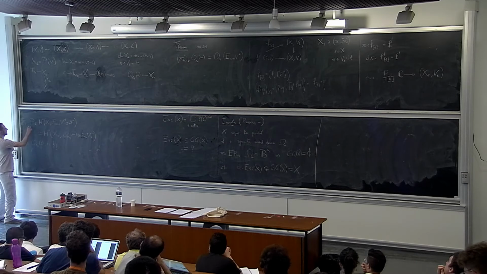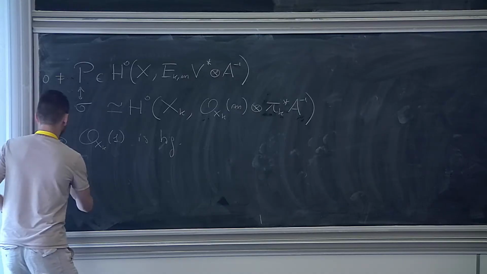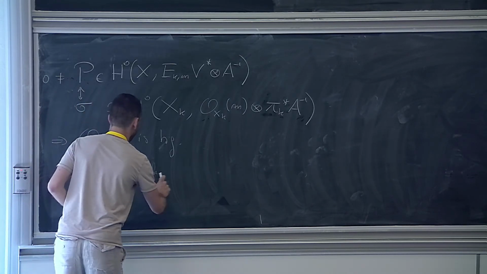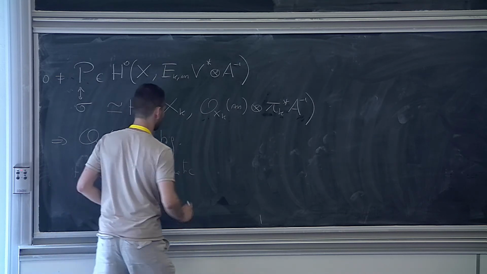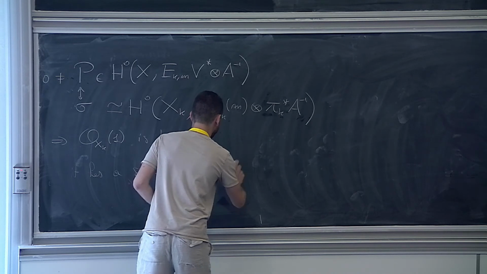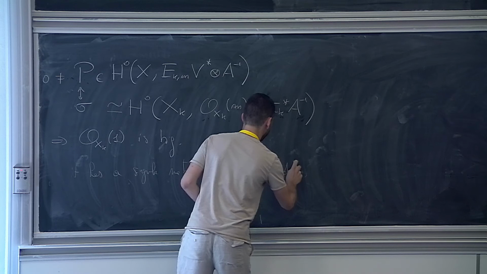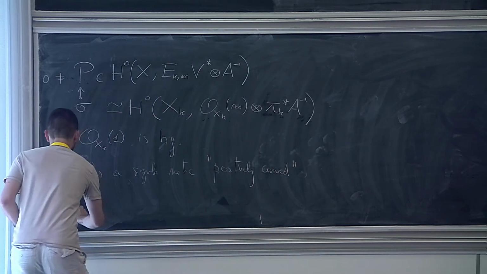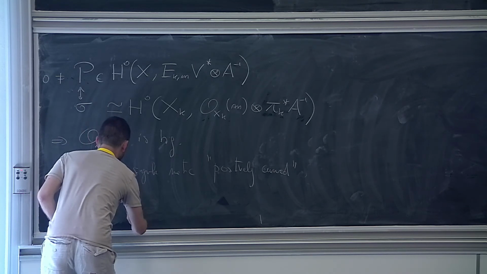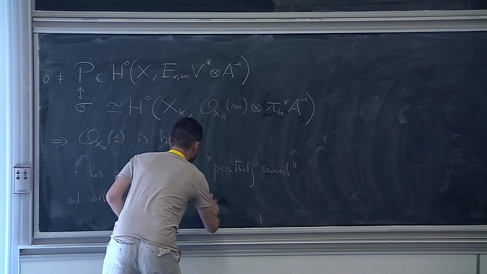Let's say that this corresponds to a section sigma. So it has a singular metric, positively curved, and with the degeneracy set sigma minus 1 of 0.